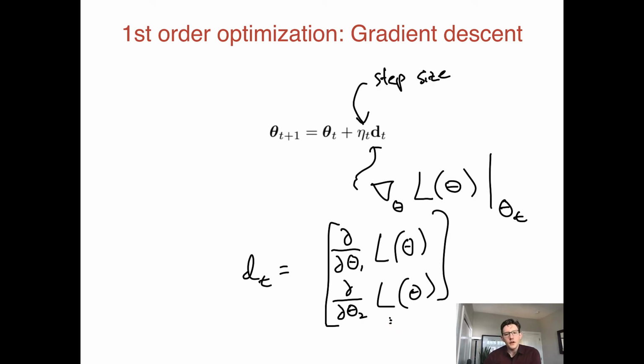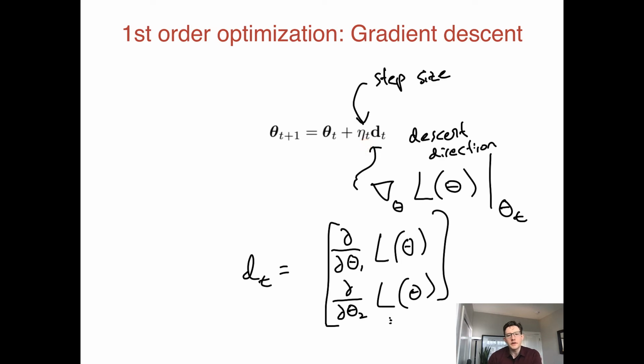Again, there are two things we need to think about here. One is our descent direction d, which we usually take to be the derivative of our log likelihood function. The other is our step size. The simplest thing to use for our step size is just some constant value that would be a hyperparameter to our function.